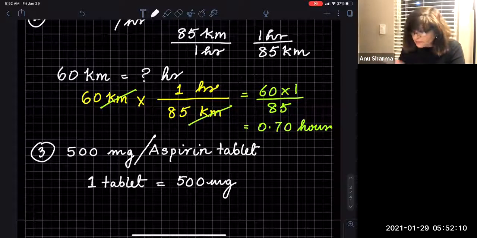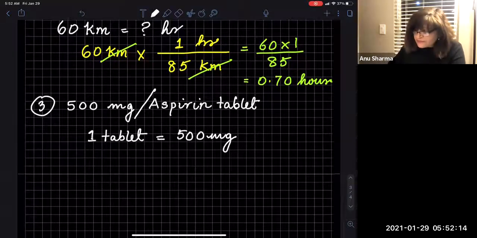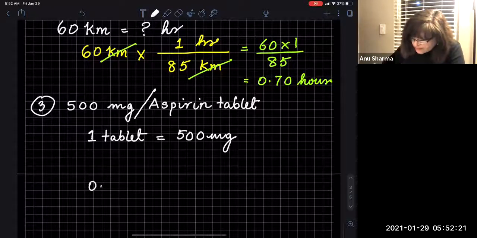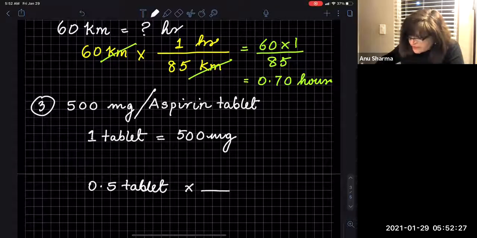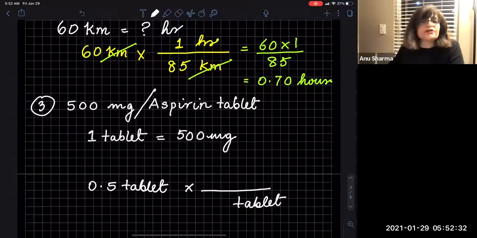What does this mean? This is how it equates. Then if you need to find out how much there is in half a tablet, so half a tablet is 0.5 tablet, times the conversion factor that gets rid of the tablet. I don't even have to write the conversion factor.